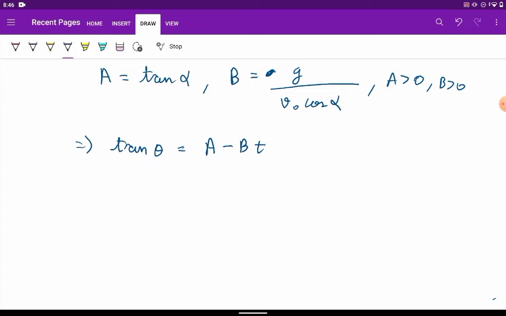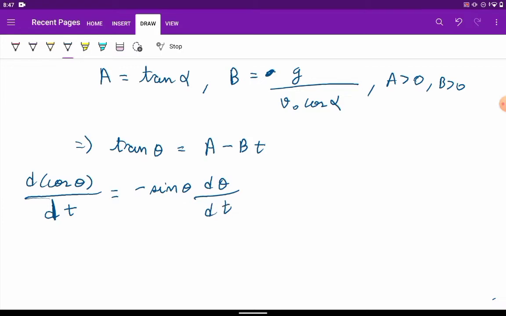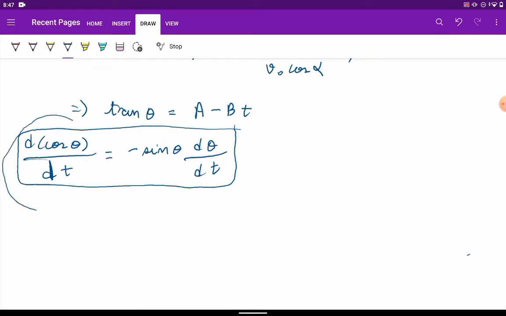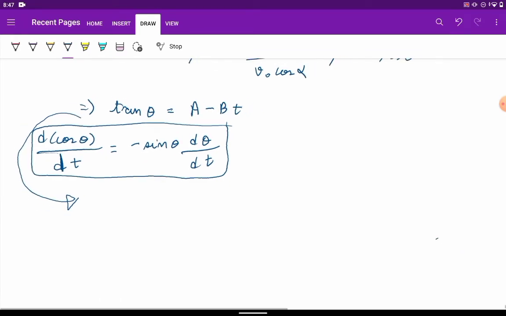Let's handle it this way: first we want to see what d cos theta by dt is. It is nothing but minus sin theta d theta by dt. Now let's differentiate both sides with respect to t.